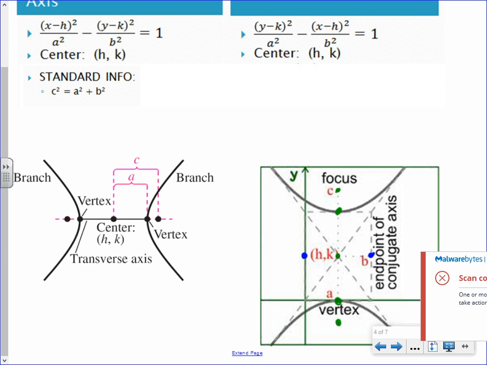These aren't actually coordinates. We're going to make an imaginary rectangle, and then through the diagonals of the rectangle, we can draw our asymptotes. So whatever you want to draw, you can. We make a rectangle out of A and B so that our asymptotes can be drawn through.